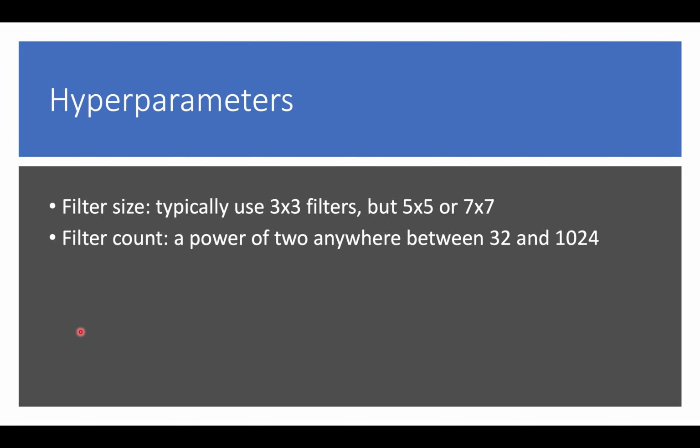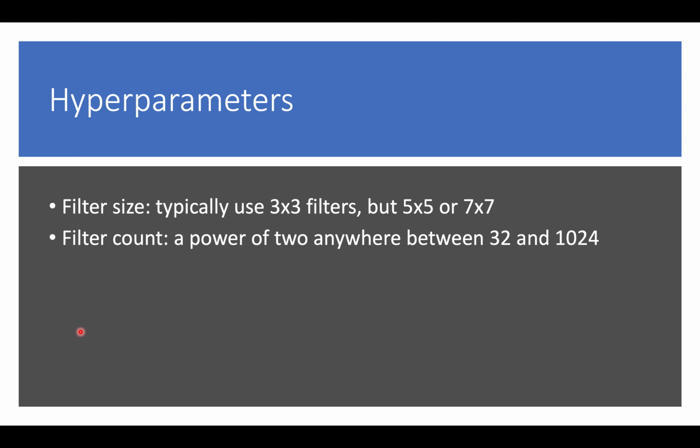The other hyperparameter is the filter count, and this is the most variable parameter. It's a power of 2, anywhere between 32 and 1024. Using more filters results in a more powerful model, but remember that with more filters, we risk overfitting due to the increased parameter count.